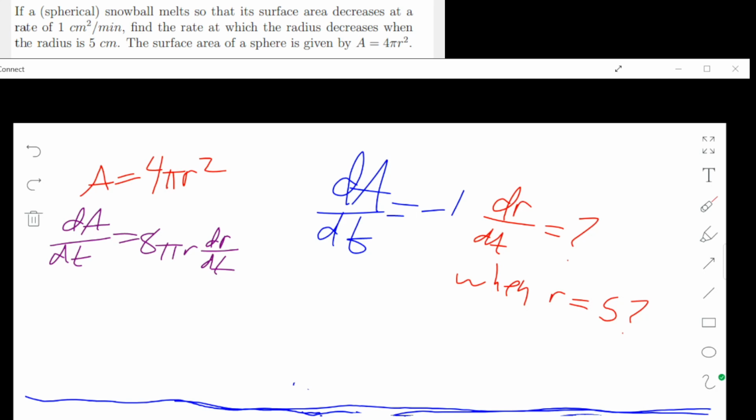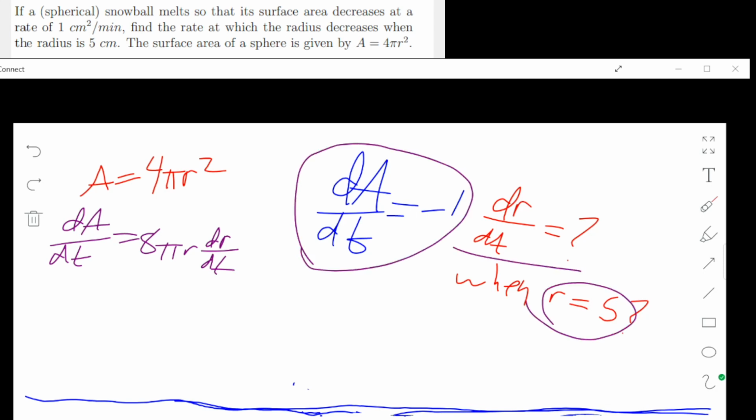And now we plug in all of the information that we know, and we find the information we want. So -1 equals 8 pi times r. R is 5, so that would be 40 pi dr/dt.